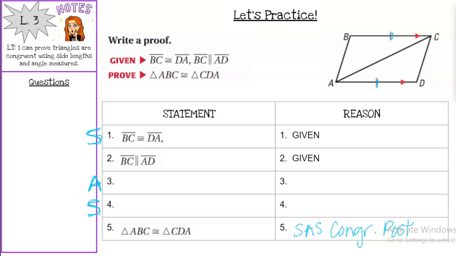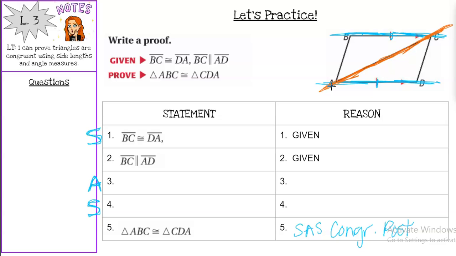Let's make sure we have enough information. We know that BC is parallel to AD, so we're going to have to go back to what we learned in Unit 3 about parallel lines cut by a transversal. If we have parallel lines cut by a transversal, we have some alternate interior angles.